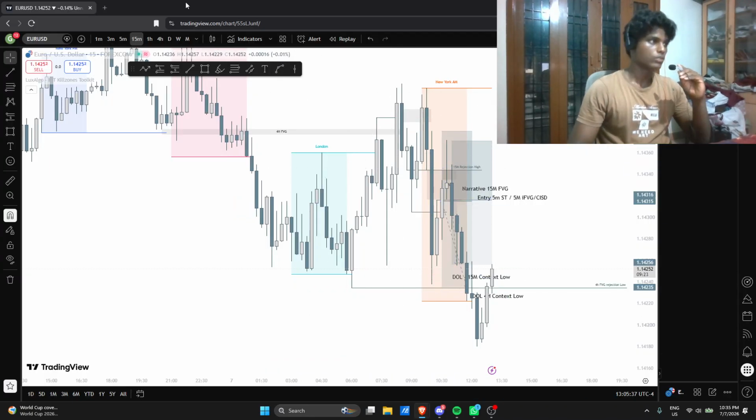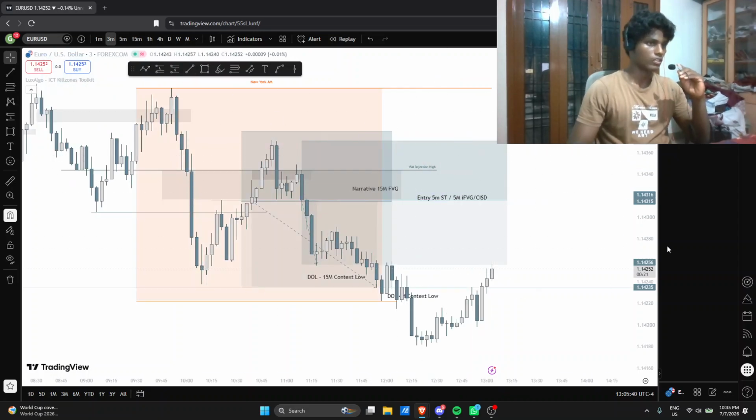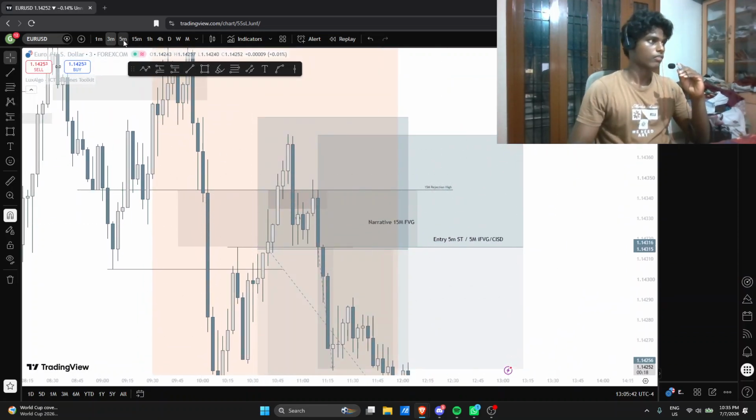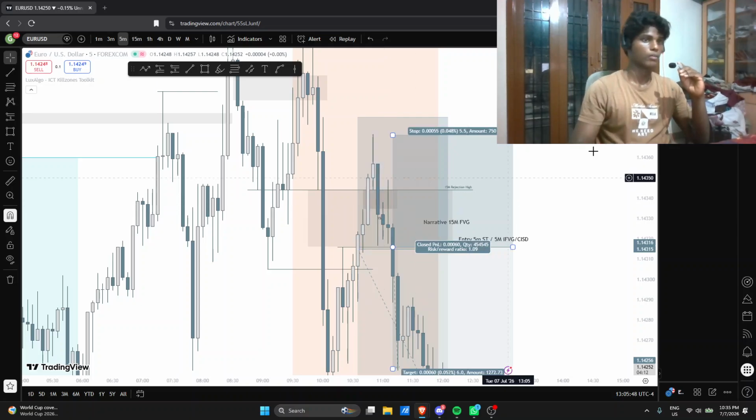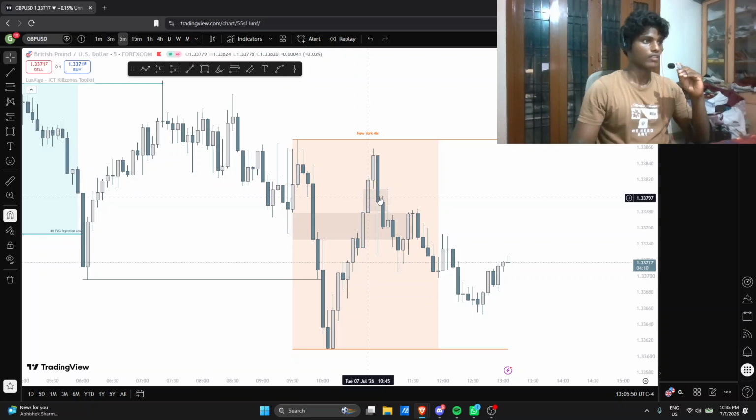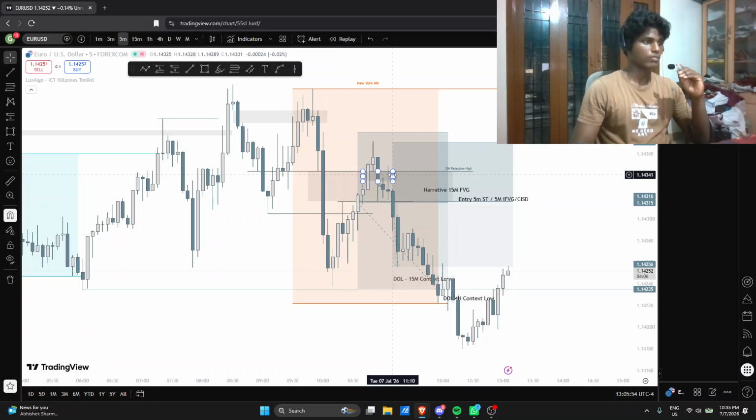And I was looking at this, and it was beautiful. Honestly, what we had was a 5 minute fair value gap in and a 5 minute fair value gap out. That in itself is a sharp turn. Okay, that's nice. We had this sharp turn and this one as well. So that was really nice to see from price. Then we respected and gave this nice candle.